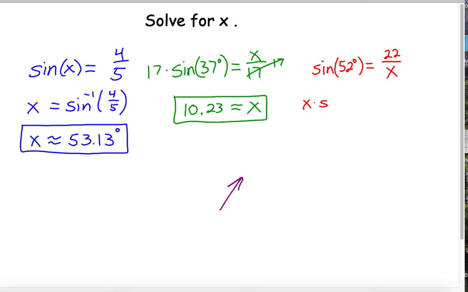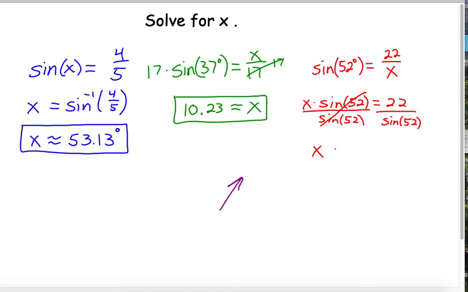So x times sine of 52 is equal to 22. And then we need to divide both sides by sine of 52. And the sines here are reduced down to 1.